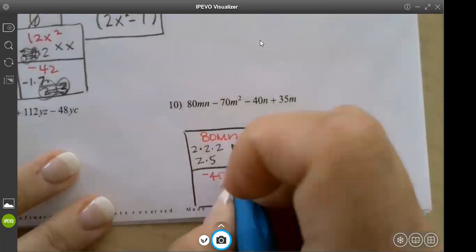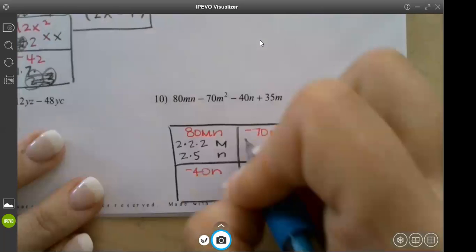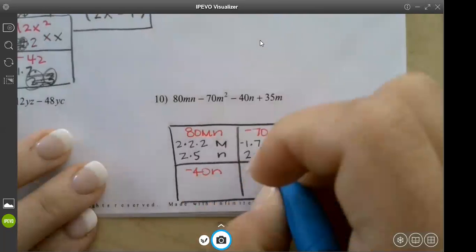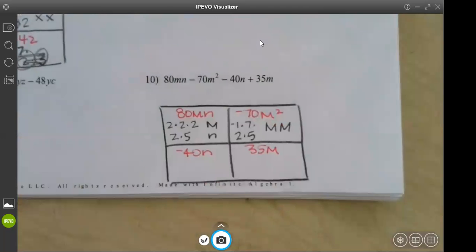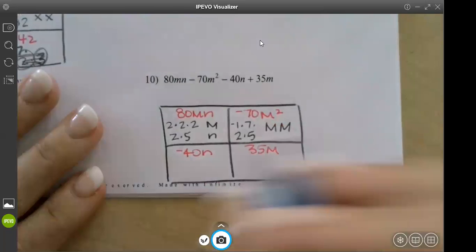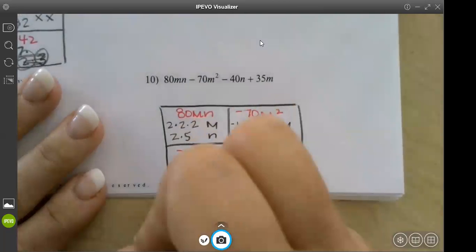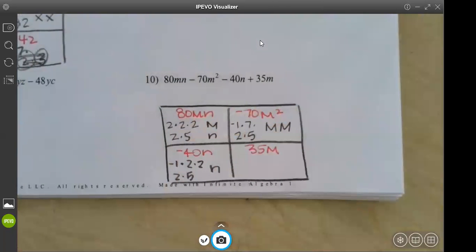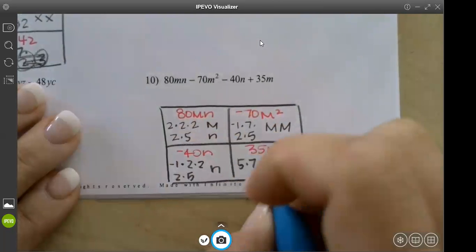An m and an n. Negative 70 is going to be a negative 1, 7, and 10 is 2 and 5, with 2 m's. Negative 40 is a negative 1. 4 is 2 and 2. 10 is 2 and 5 and an m. And then 35 is an easy one, 5 times 7 and an m.